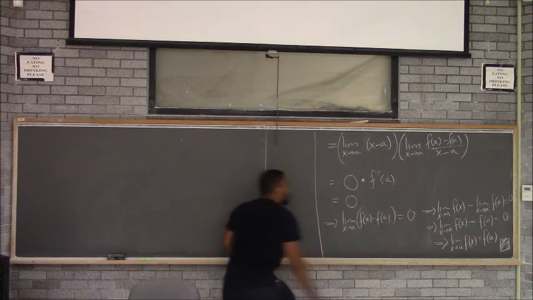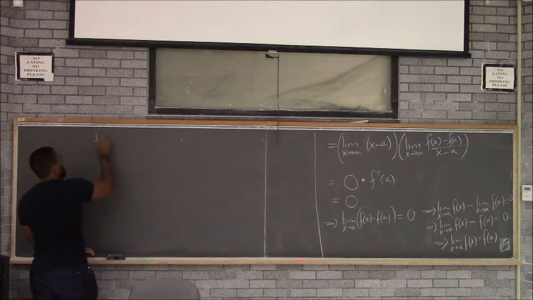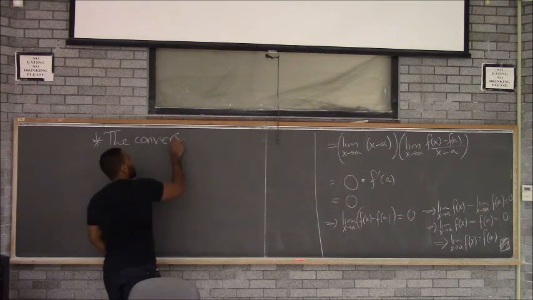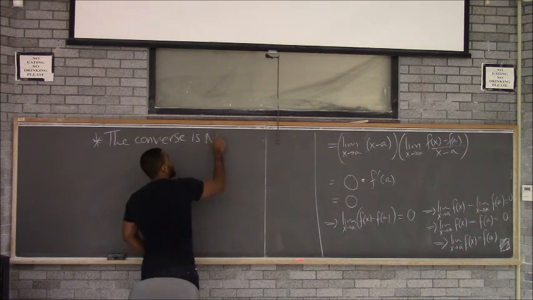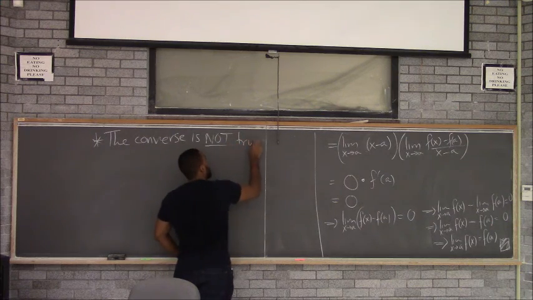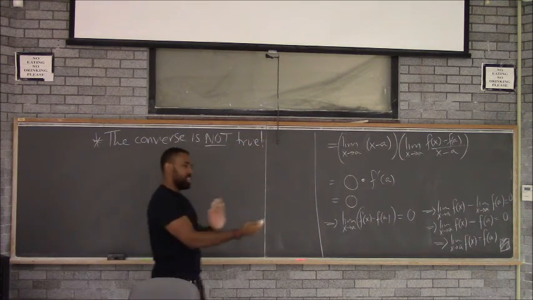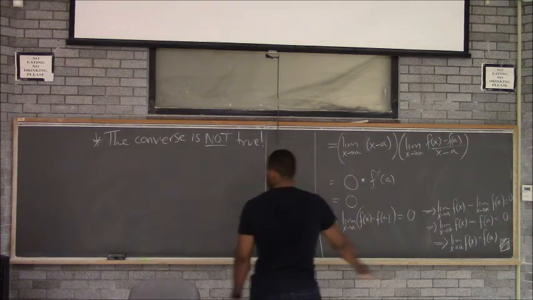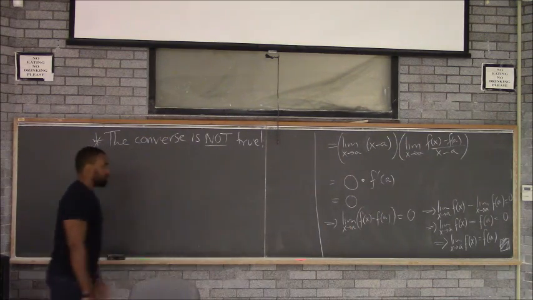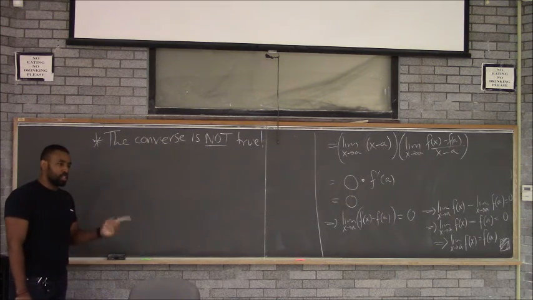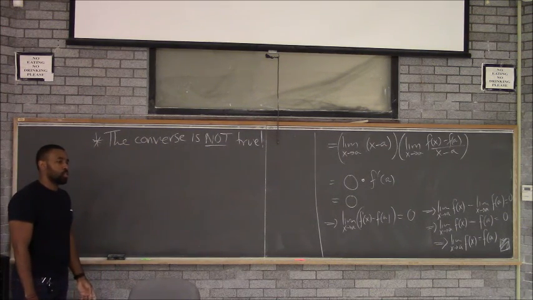And it's important to know the converse is not true. The converse of an implication is just a statement in the opposite direction. A lot of mistakes happen because people always assume the converse is true once you make a statement in a certain order.